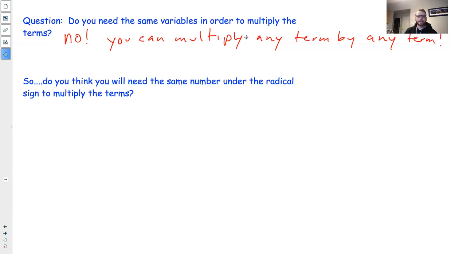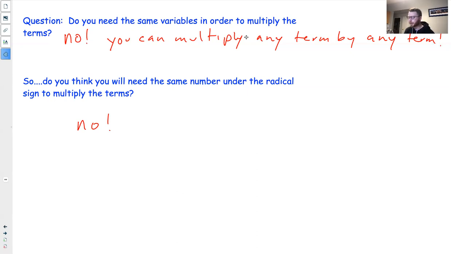So do you think you will need the same number under the radical, so our radicand, to multiply those terms? No, we do not, okay? And we will get into some examples in a bit. I just wanted to make one more note.